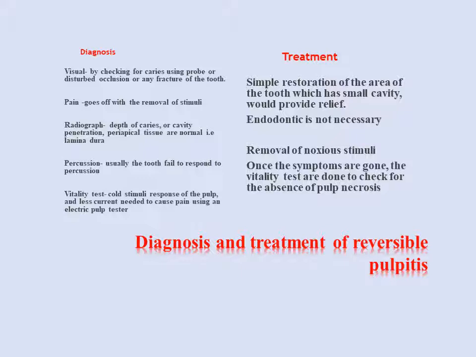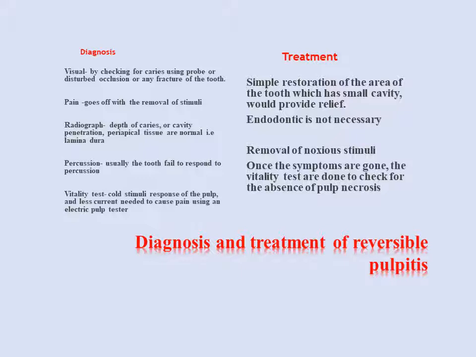On our examination, the tooth usually is not tender to percussion. For the vitality test, the tooth will react to cold stimulation, but the pain will disappear within a few seconds after removal of cold stimulation. And when we test the vitality using an electrical pulp tester, we will need less current to cause pain in the tooth.